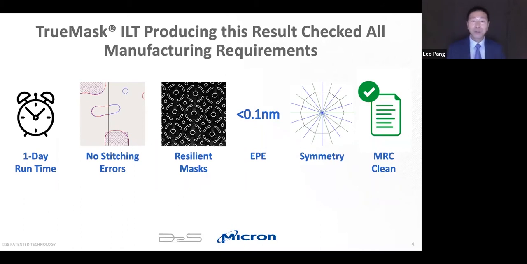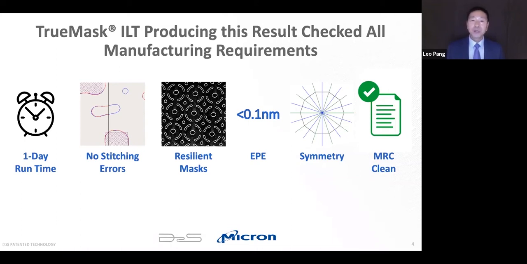It can do a full chip ILT in a day. It doesn't have the stitching issues that normal ILT products have. It generates curvilinear mask features that are highly resilient to manufacturing error. We optimize the EPE so that this is a full OPC replacement, not just for assist features.